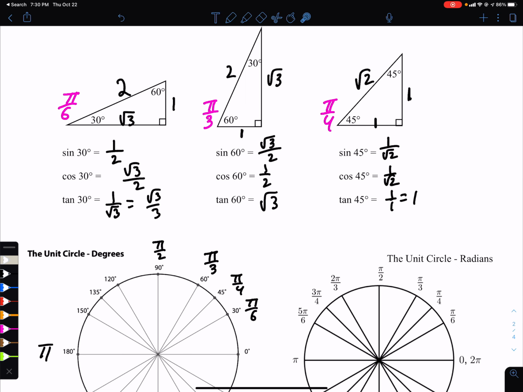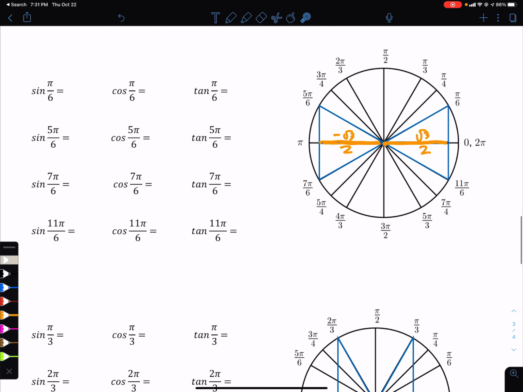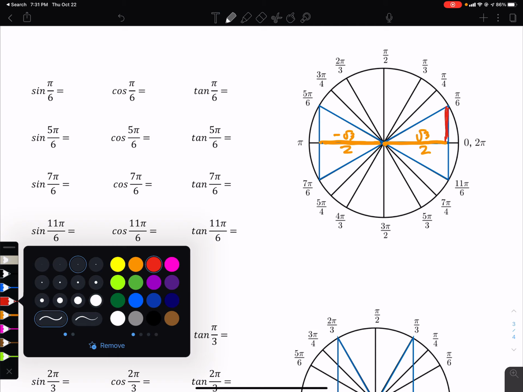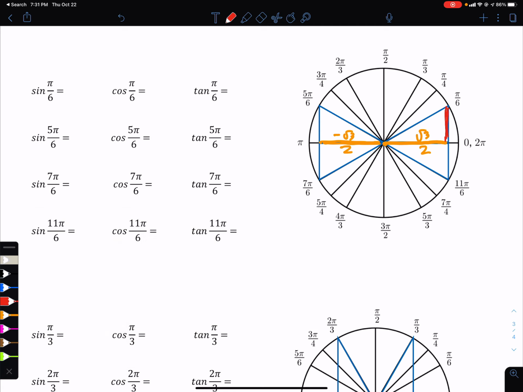You have to know the cosine and the sine and the tangent for that. So looking at this, the length of this is the sine, but we know that's 1/2. So here, that has to be 1/2. But if you go downwards, that's negative 1/2, and down, that's negative 1/2.